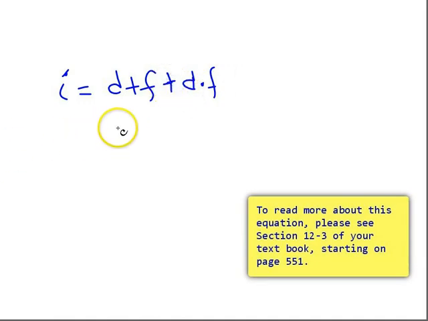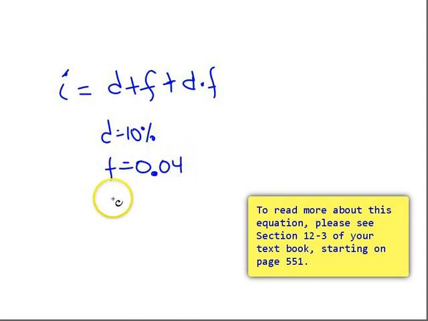So in the example that we had before, the D was 10%. That was our minimum attractive rate of return when we didn't have any inflation. We are estimating inflation at 4%, so we can write that as 0.04 or 4%.